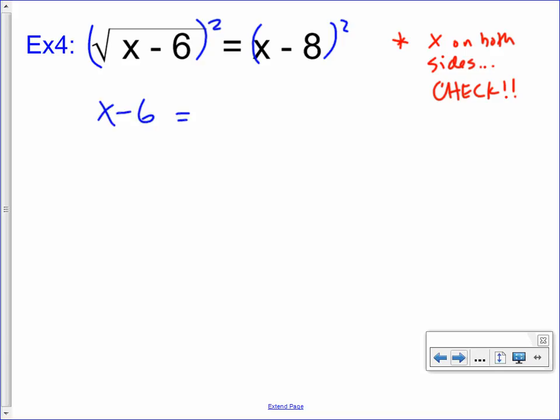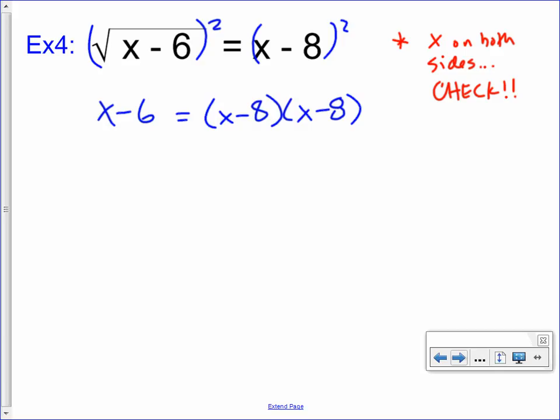Now, I was going to do this very quickly, but some folks are still making a mistake. It is not x squared minus 64 or x squared plus 64. Heavens no. To square something, you multiply it by itself. So it's literally x minus 8 times x minus 8. So it's not x squared plus 64.